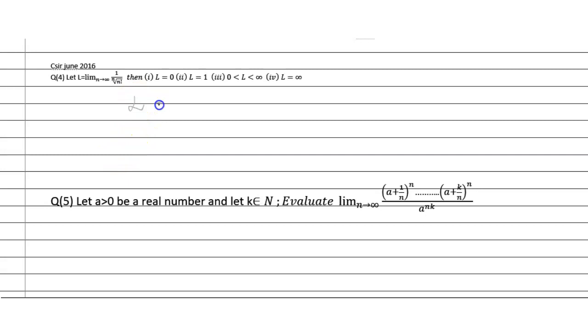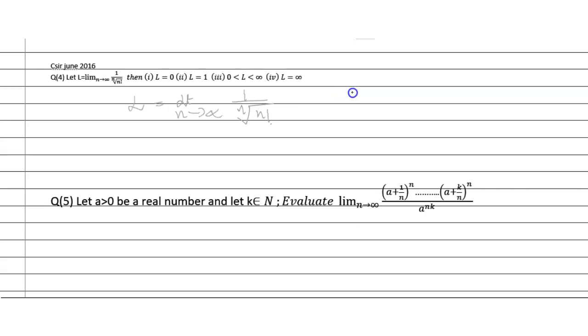Another, friends, we will discuss another problem. L equals limit n tends to infinity of (1 by n factorial)^(1/n). So friends, you have already learned the comparison test.